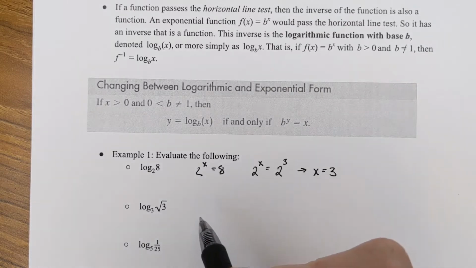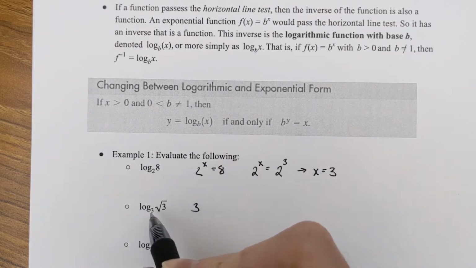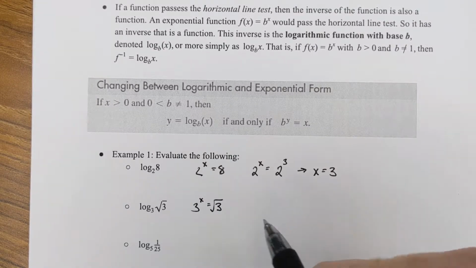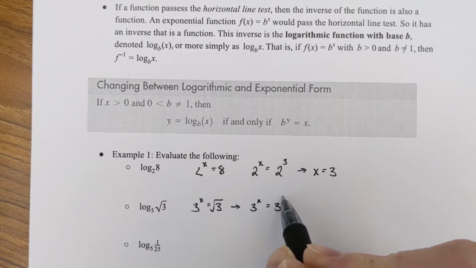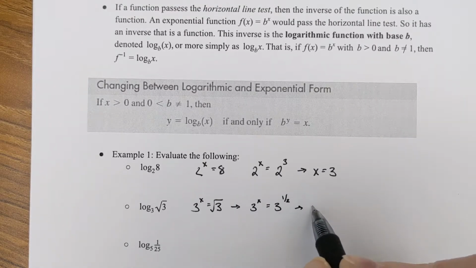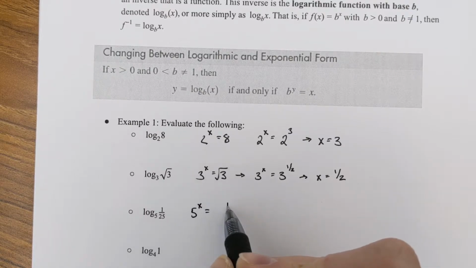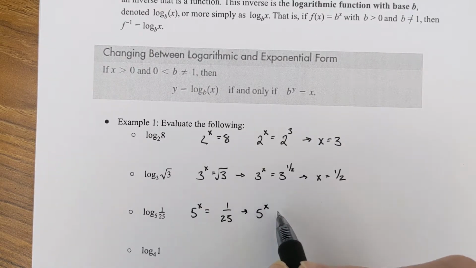And we just keep repeating that process. So this is saying 3, the base, to what power is the square root of 3. So this would become 3 to the x is equal to 3 to the half, which means that x is equal to 1/2. Here this would be 5 to the x is equal to 1/25. This one's a bit tricky because two things are happening.